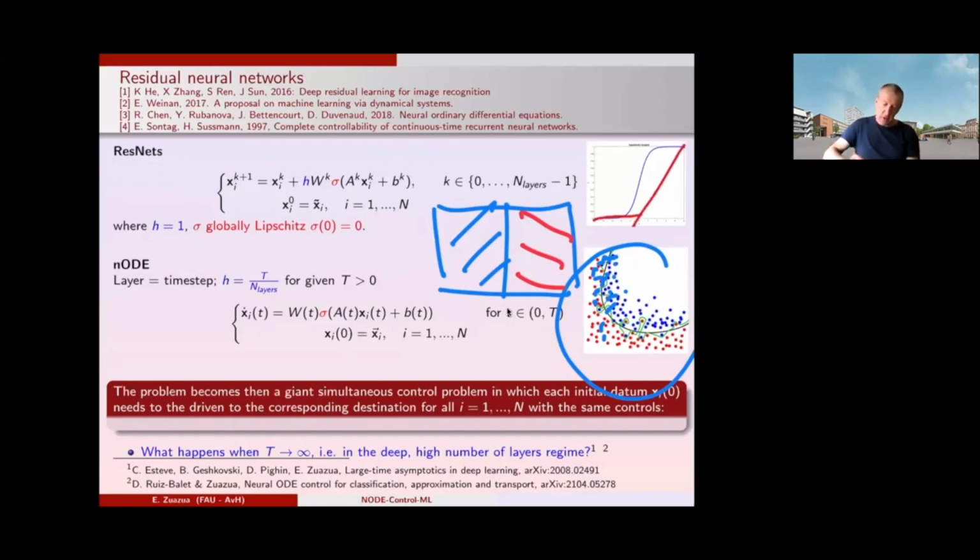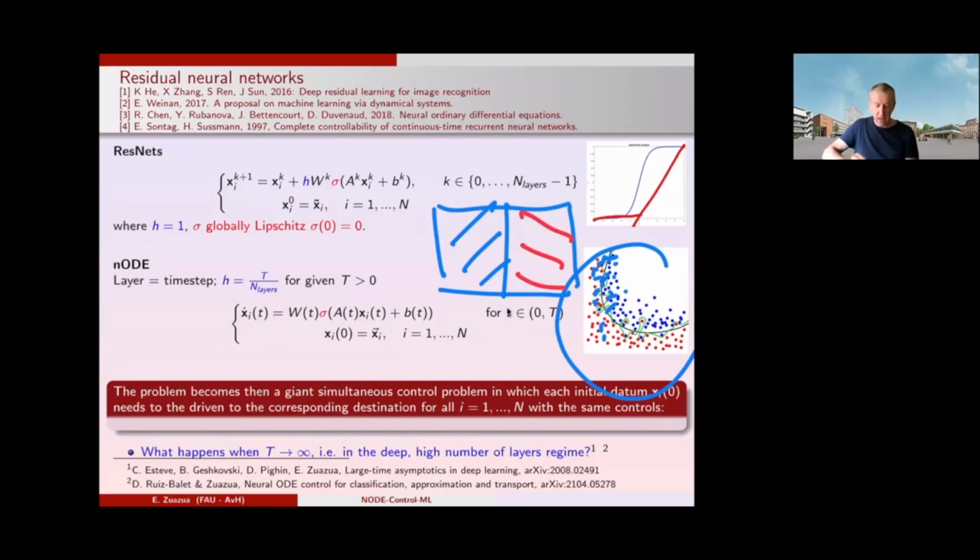Then, in order to establish an even clearer link with the theory of differential equations, the dynamics of differential equations and the control of differential equations, we said, if in this time-discrete neural network we assume that h is small, then we are close to the regime of the neural differential equations written here, right? So you see now that this is a classical non-autonomous Cauchy problem.